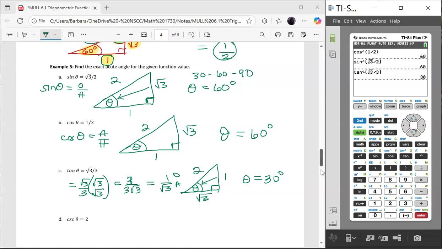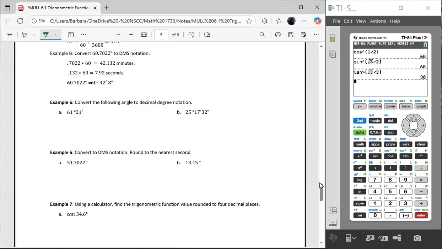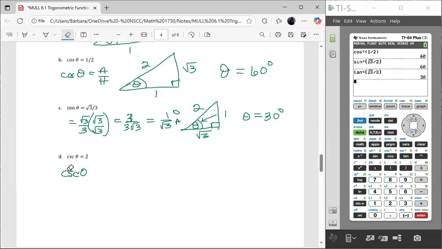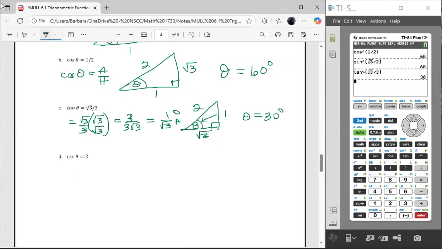Let's see, in part D, we have the cosecant theta equals 2. The definition of cosecant is the reciprocal of sine. So we know the opposite is in there. If we put it over 1, that's hypotenuse over opposite.